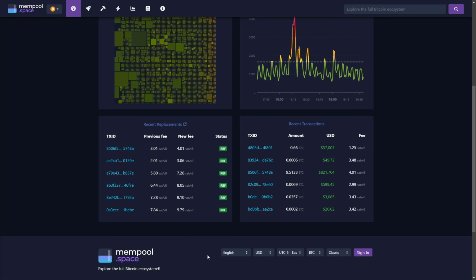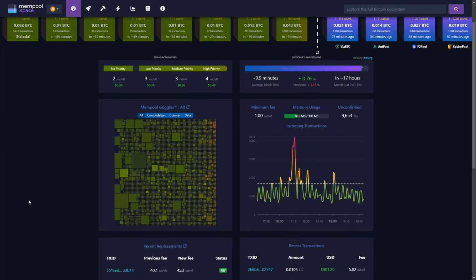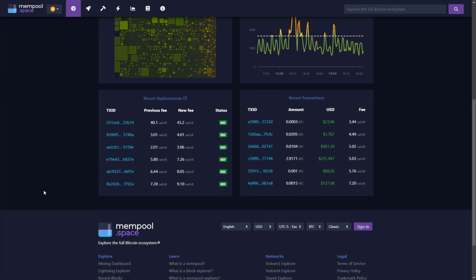And this can be useful for obvious reasons, especially if you're moving larger amounts of money. Like if you have a large amount of money that is stuck in the mempool and has not been confirmed over here, that can be a pretty big problem. Because you want access to that money eventually.